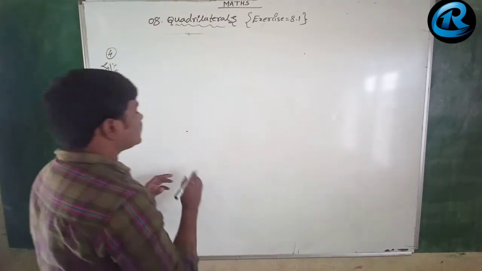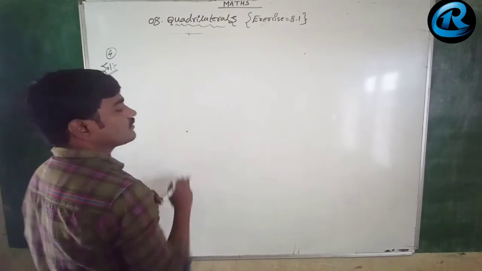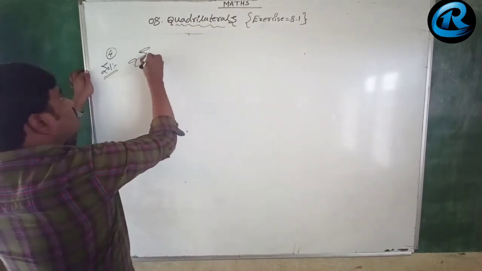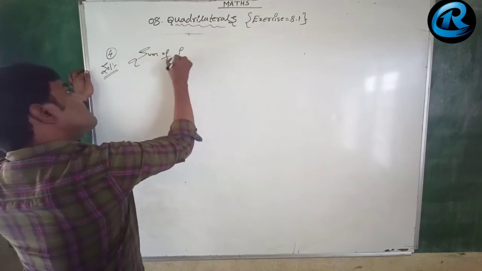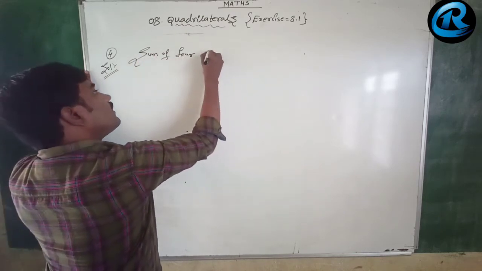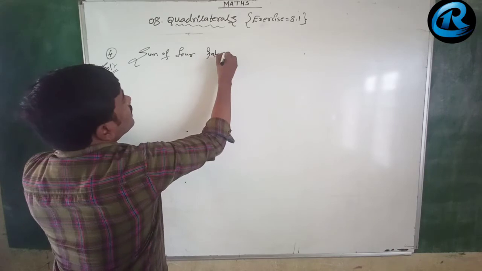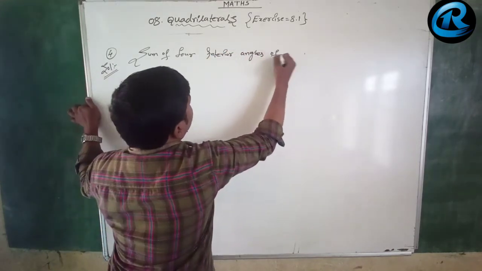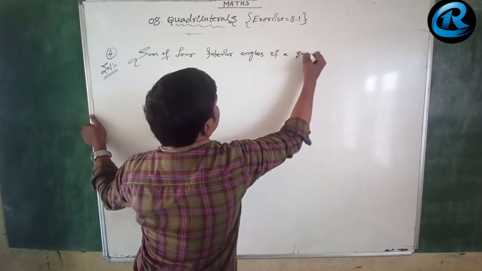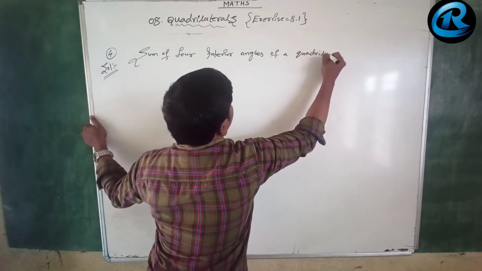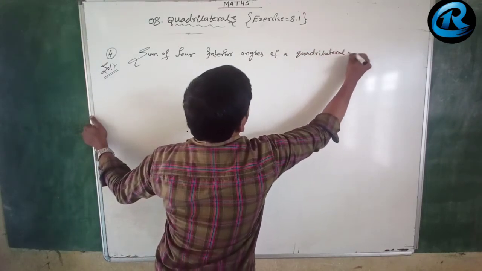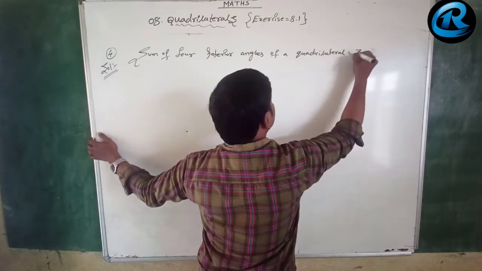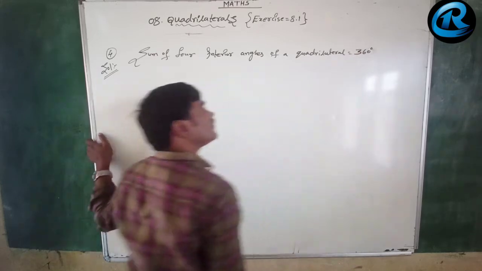As you know that the sum of the four interior angles of a quadrilateral is equal to 360 degrees. This we know.